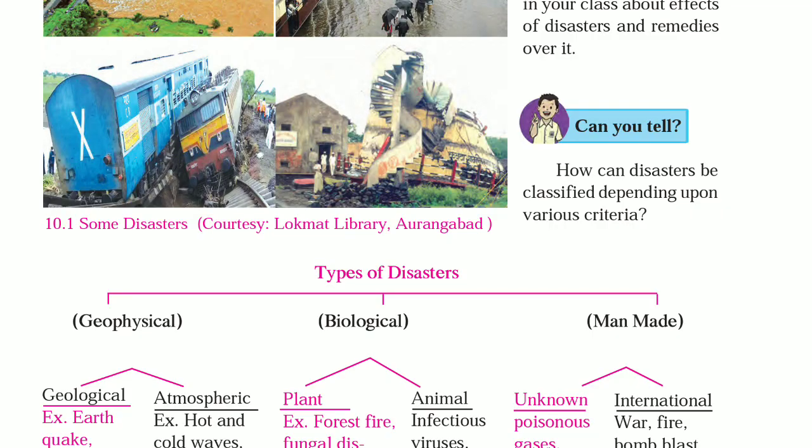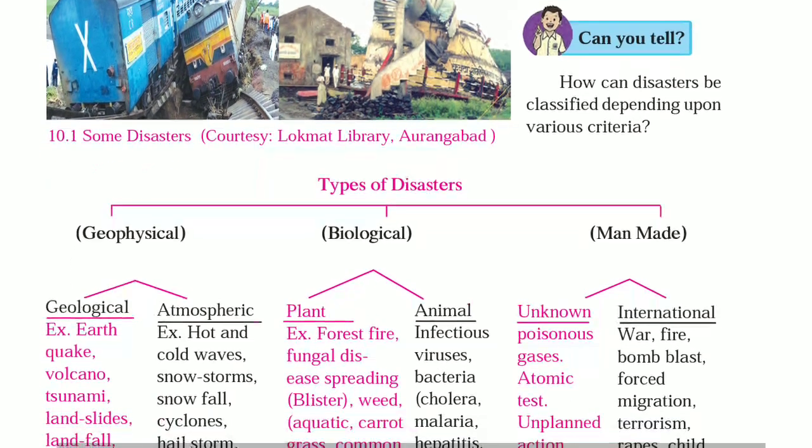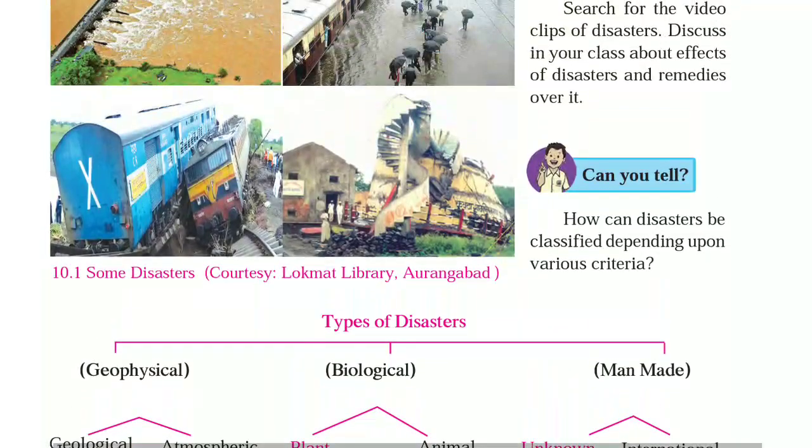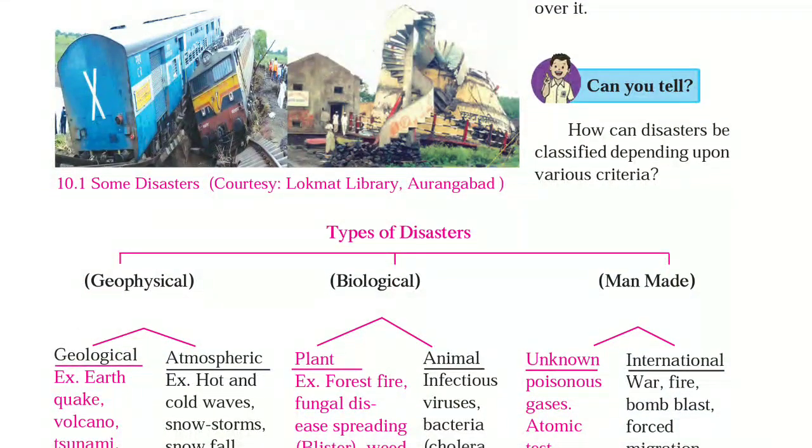The main criteria are the extent of damage caused, the period of disaster, the long-term effects, and the reason for disaster.